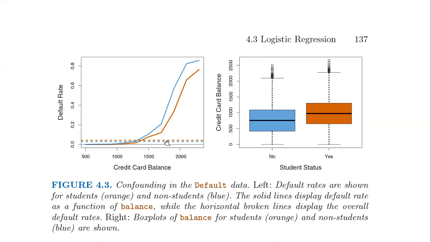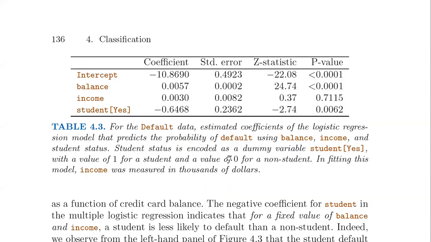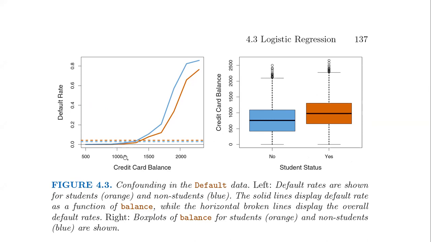But in actual fact, when you then allow for, for example, credit card balance, for a given credit card balance, blue is always higher than orange.